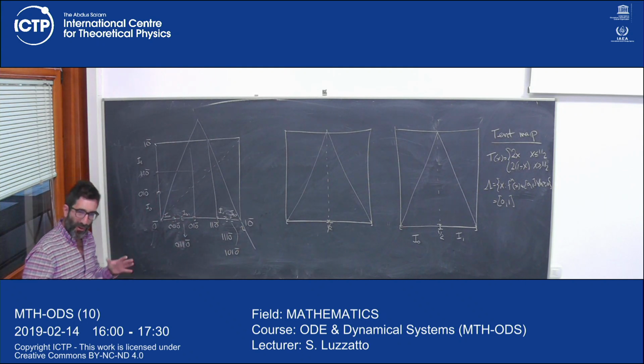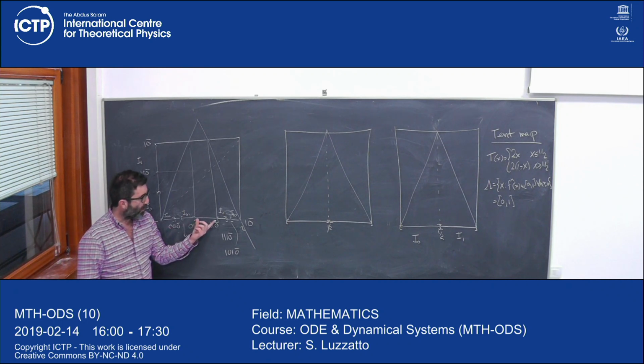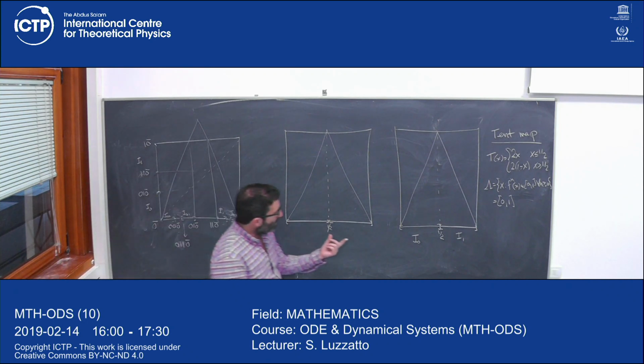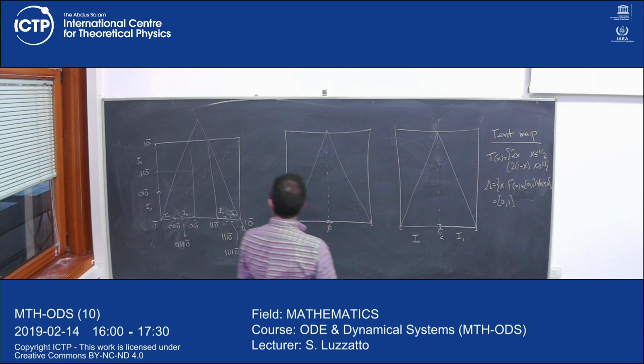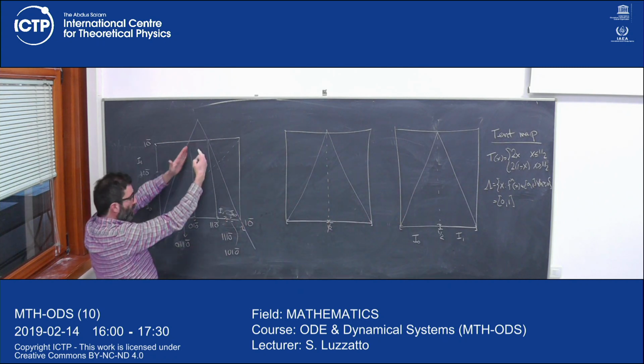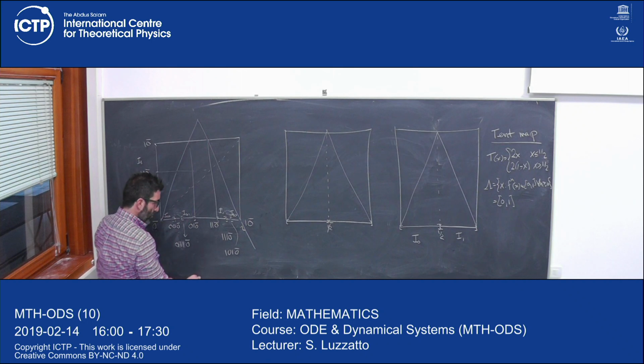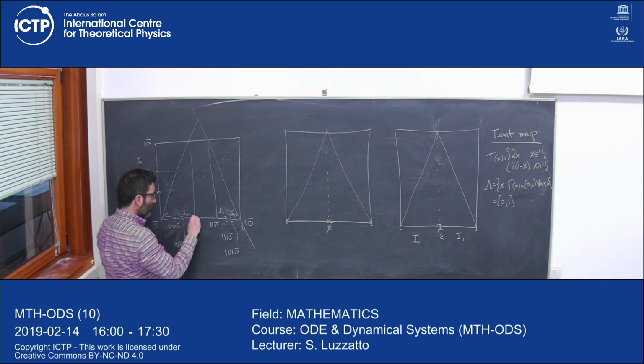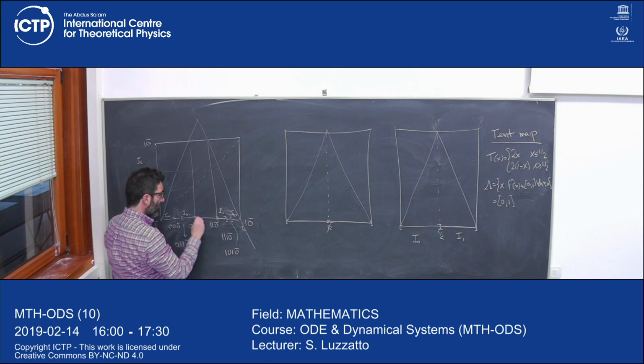Okay, so we're not going to go through completely, but what we're going to notice is the relation between the endpoints which we glue together. If you think about closing this map, this is going to glue together this point and this point, right?